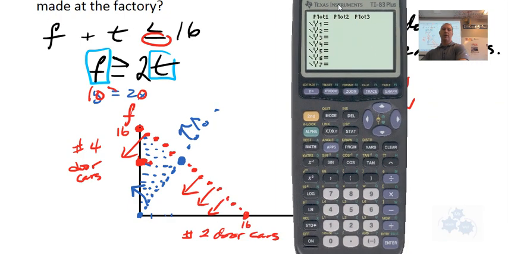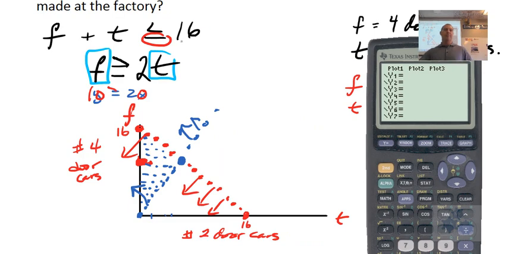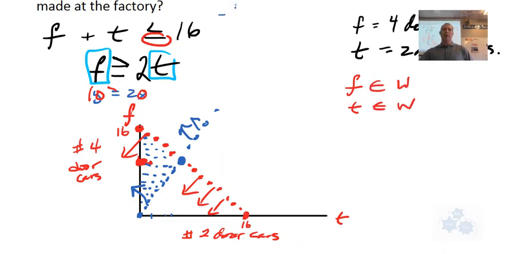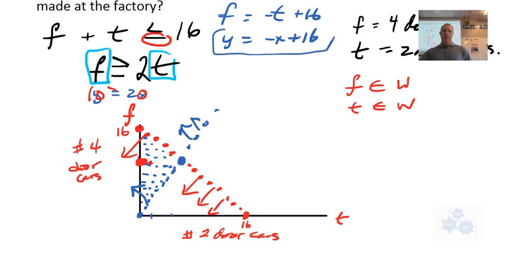The calculator needs y equals mx plus b, so this is going to be f equals negative t plus 16, which is y equals negative x plus 16. That's the one you're going to put into the calculator. And this is going to be y equals 2x. So you're going to put those ones into the calculator.